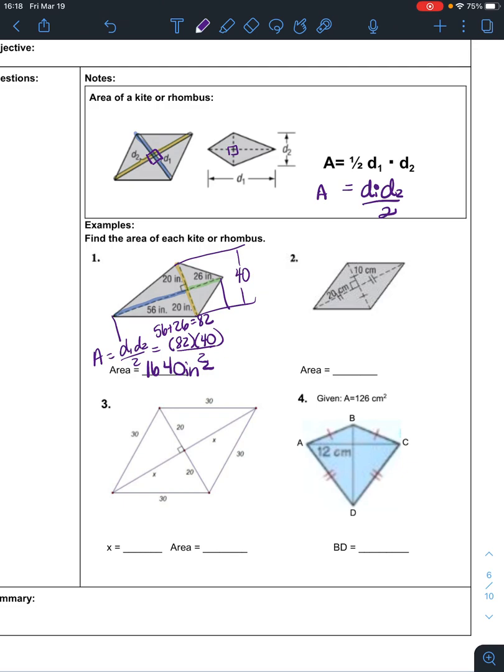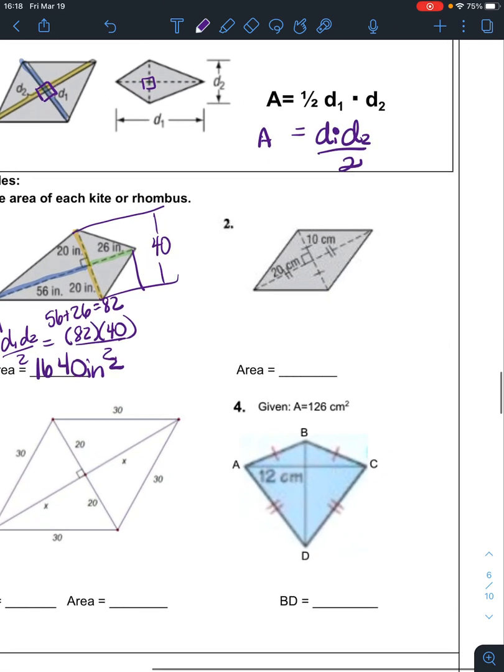So this is a rhombus. Number 2 is a rhombus. Notice how your diagonals, remember they were bisected, and they're marked congruent here, so it's easy to see. So that diagonal is 20 and 20. This other diagonal is 10 and 10. And since those are my pieces that are perpendicular, my area is diagonal 1 times diagonal 2 over 2.